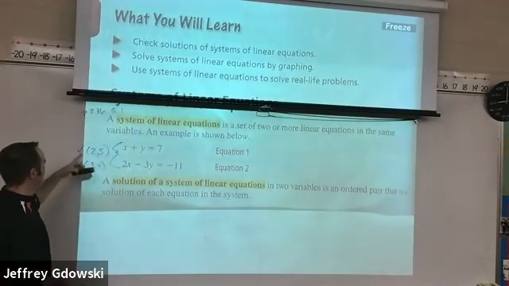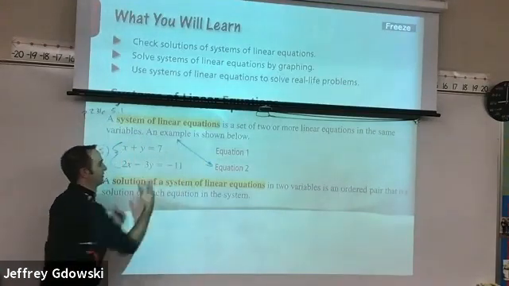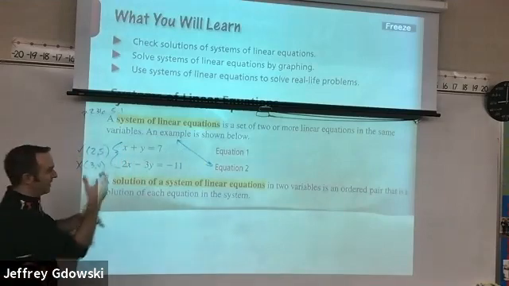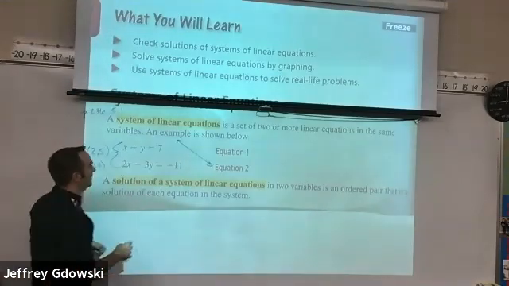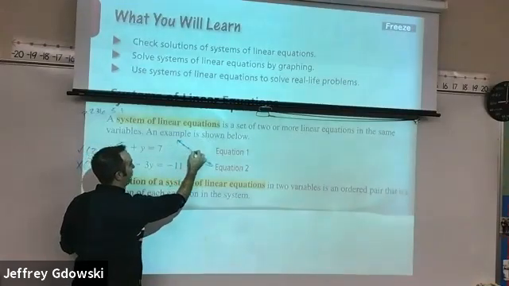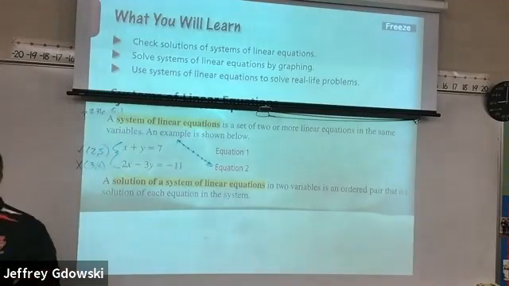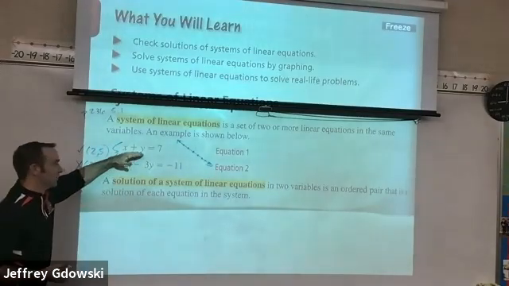So if we think about these lines, that top one, let's say it's a line that looks like this. I don't have the full graph on there yet, but it's a graph that looks like this. Now, all of the points along this line are going to be solutions to that top equation.